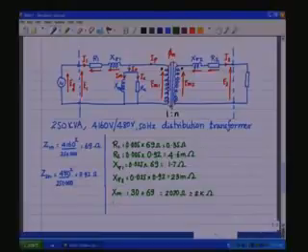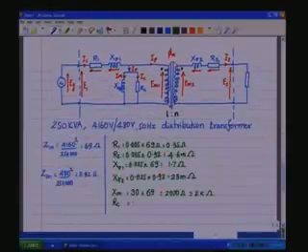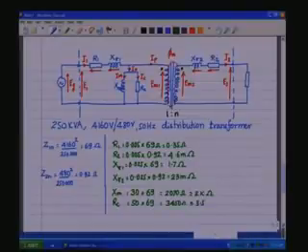And RC has a value of 50. So it is 50 into 69, which is 3450 ohms. It's approximately 3.5 kilo ohms.